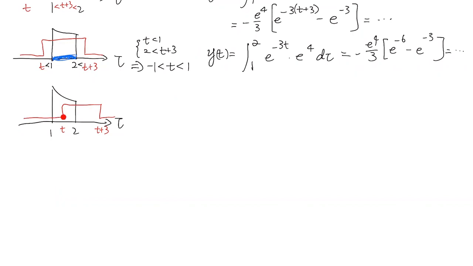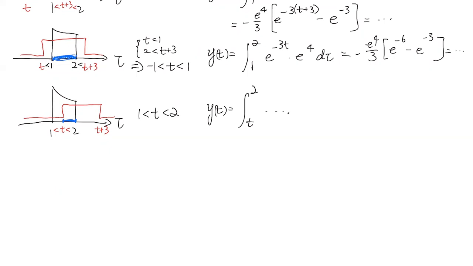And this edge can only go up to 2, right? So you are going to bound your t by 1 to 2. In this case we have partial overlap on the right side of the black interval. So y of t is actually the integration from t to 2, right? Because from here to here, that's our interval.